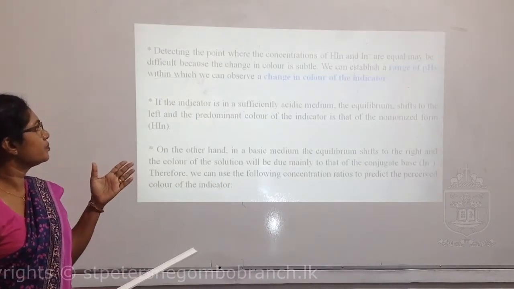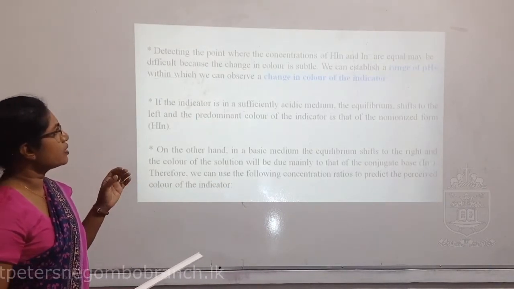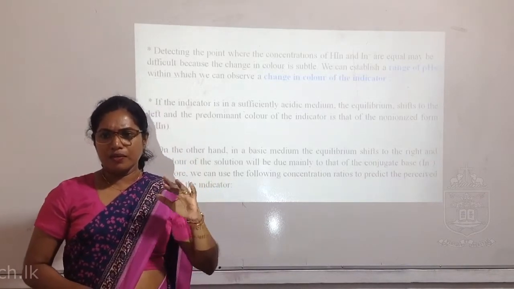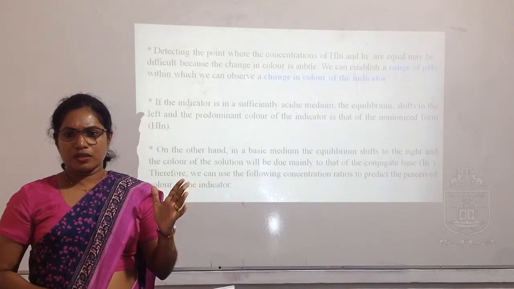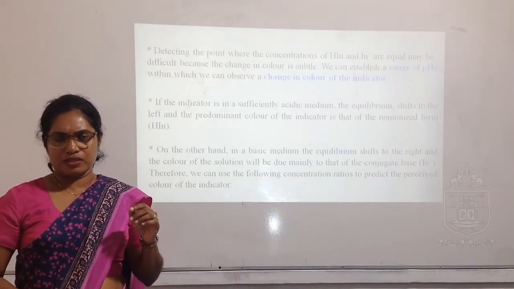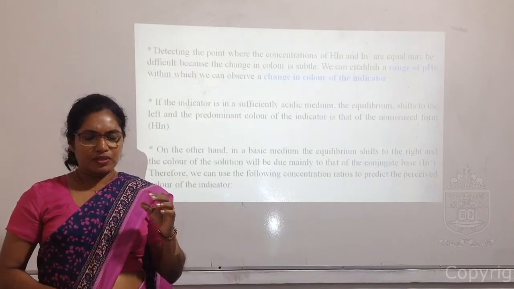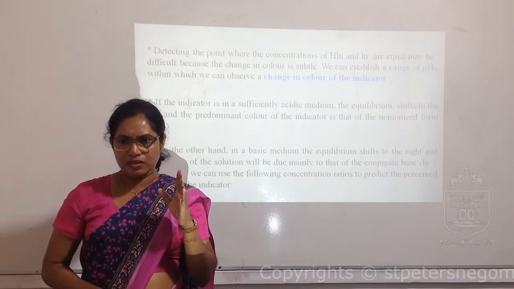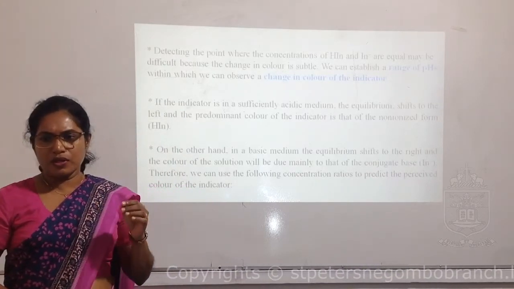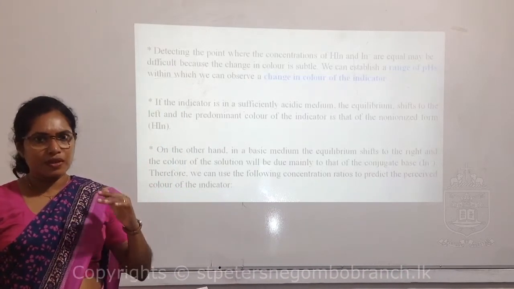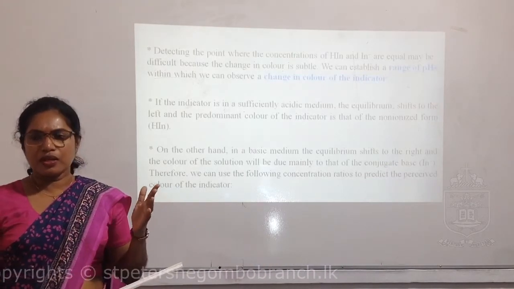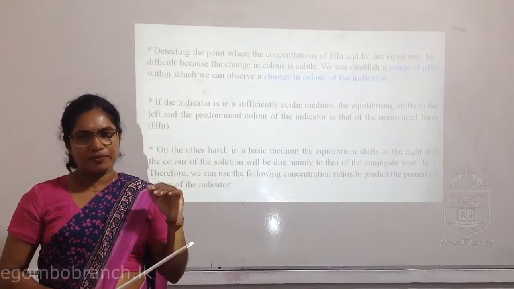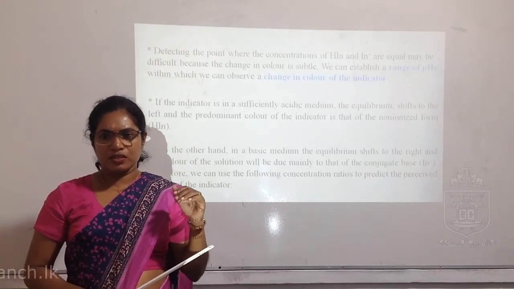And detecting the point where the concentrations of HIn and In minus are equal may be difficult, because we cannot find the exact color change at that point. So we can establish a range of pH over which the color of that indicator changes.